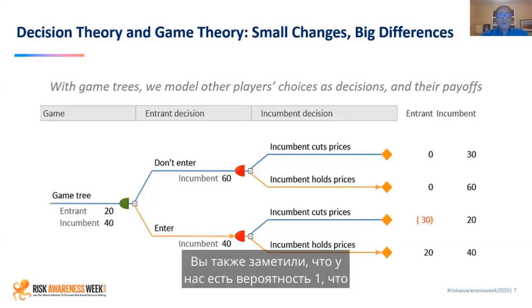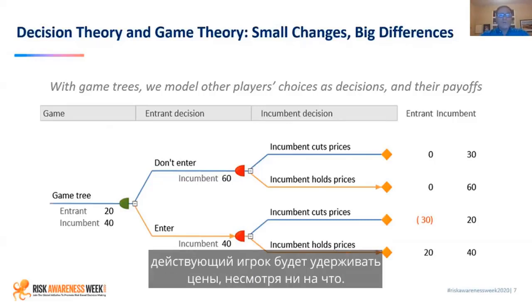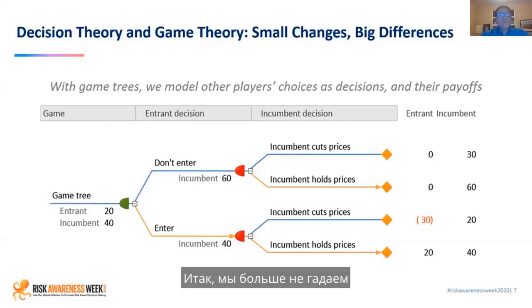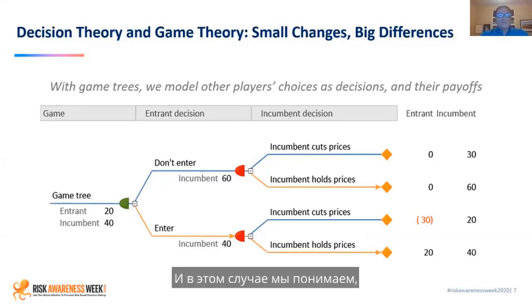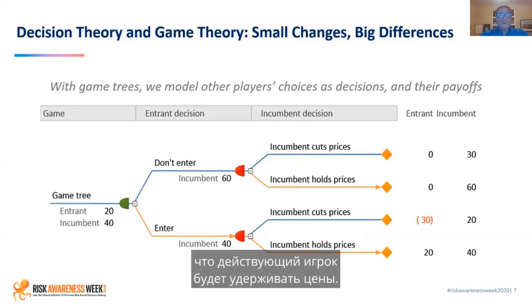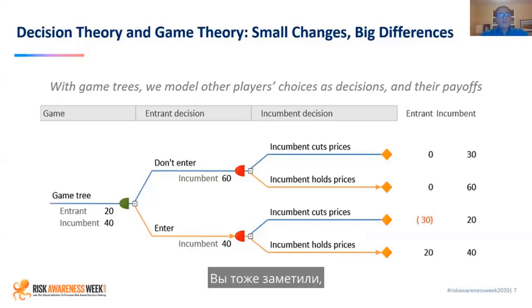You also notice we have probability 1 that the incumbent would hold prices no matter what. So we're no longer guessing about what the right probability is. We're looking at what's in it for the incumbent to understand which way they should move. And in this case, we find that the incumbent would hold their prices. You'll notice too, there's sort of a chess logic here, right?